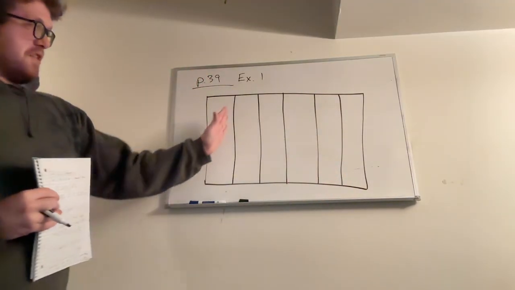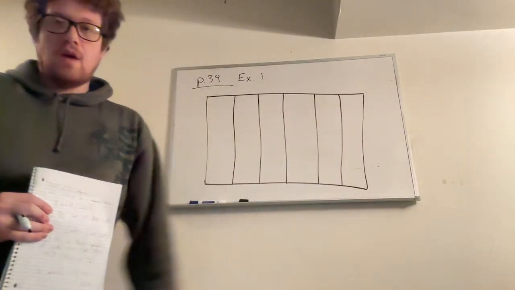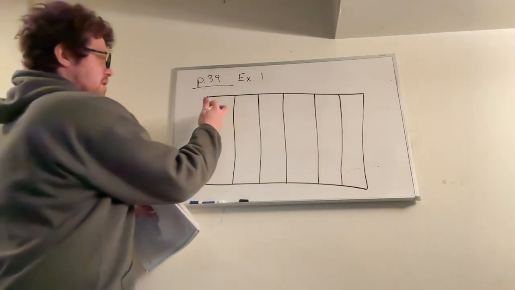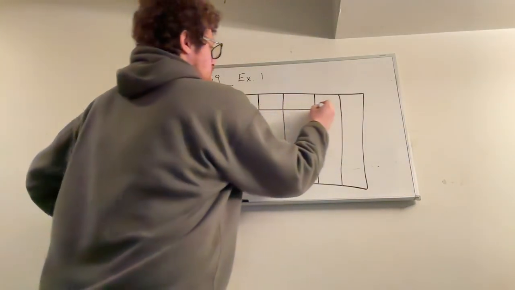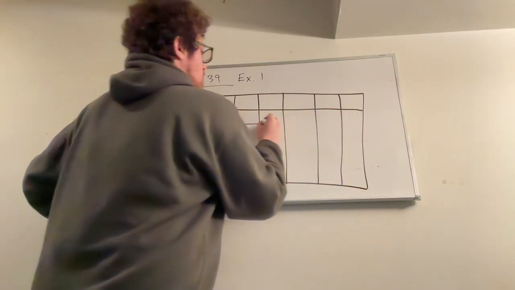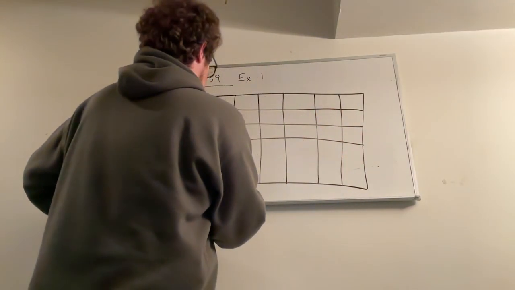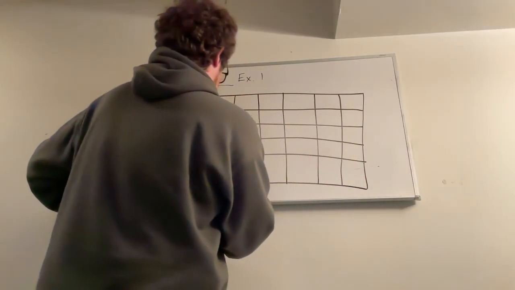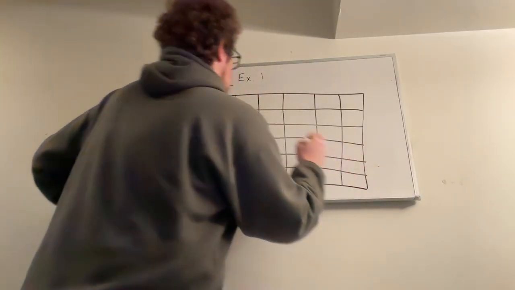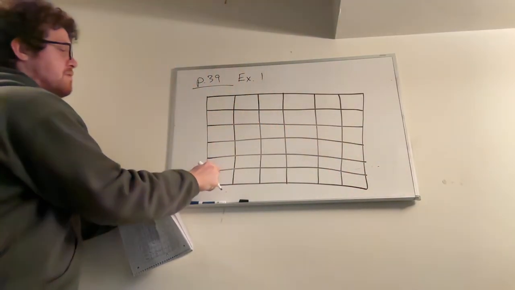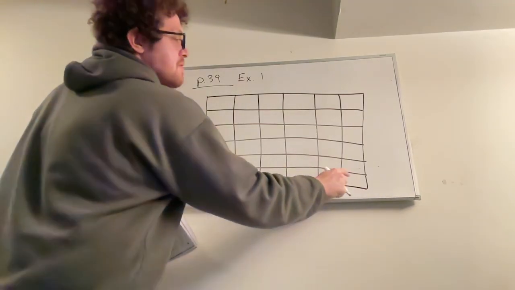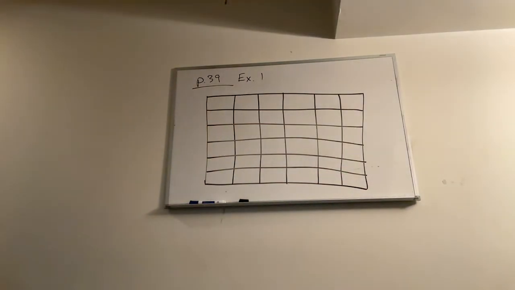Okay, so we have 6 columns, and now we'll have 6 rows as well. One, two, three, four, five, six. 1, 2, 3, 4, 5, 6. Okay, so a 6 by 6 table.